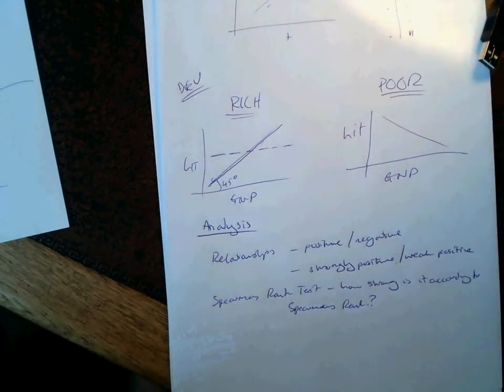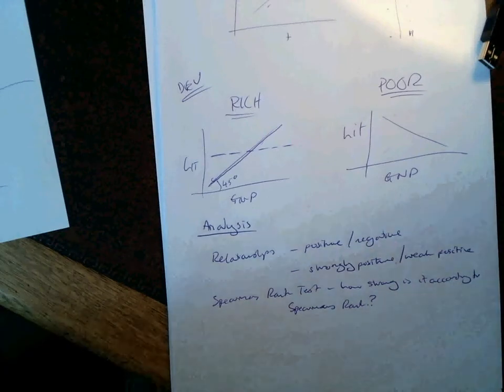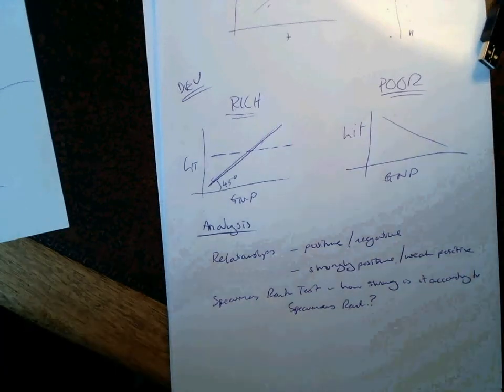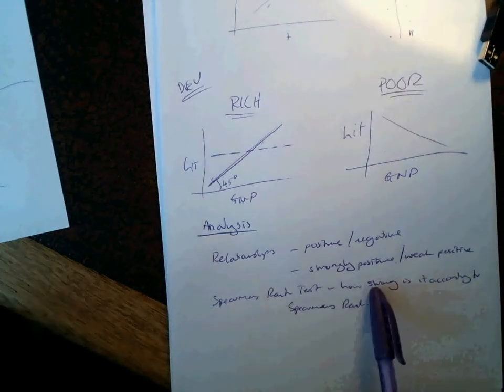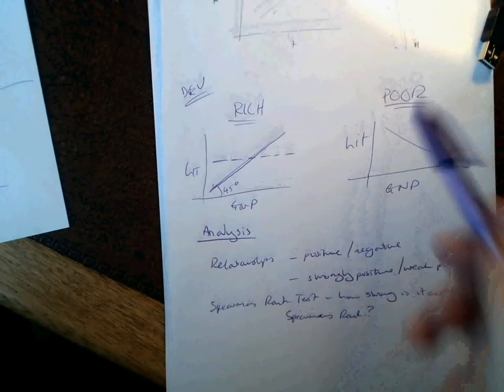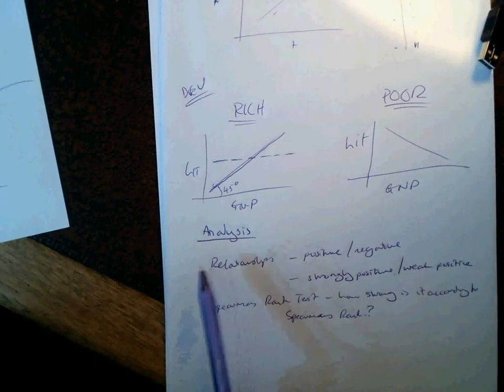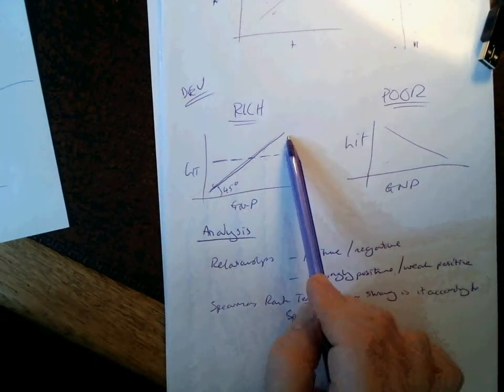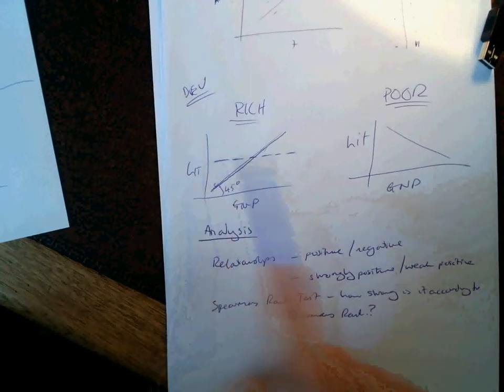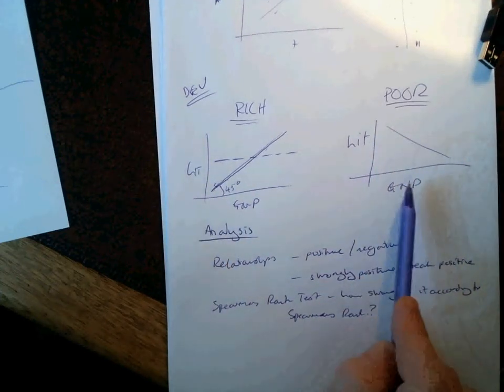So, Spearman's rank test, or if you are certain of its use, use a Pearson's test to test how strong the relationships that you've already described are. So we're analysing, what do these lines show us? They show a positive correlation between GNP and literacy, and in the poor countries we see a negative correlation between GNP and literacy.